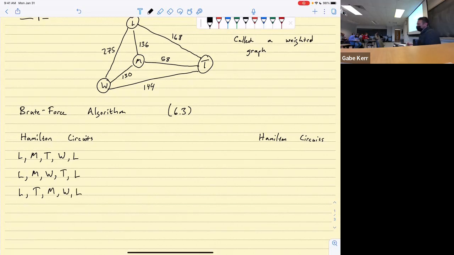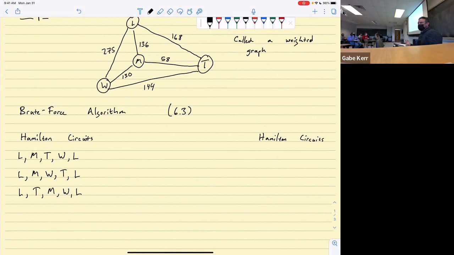Now, in this group of 6 possible circuits, there was some funky phenomena. And the funky phenomena was that I said a circuit really depends on which way I'm driving, right? I can go in a circuit by driving one direction, or I can go that circuit going the opposite direction. Those are 2 different circuits, by our definition. However, if we're counting mileage, that'll give us the same mileage, right?